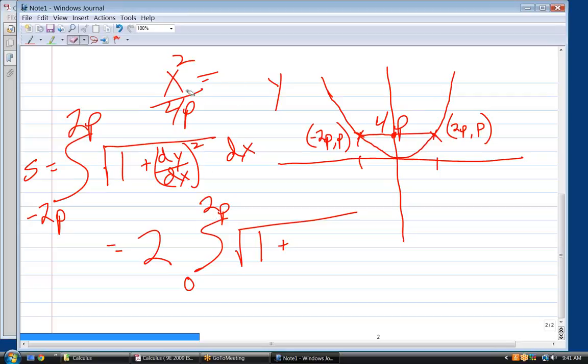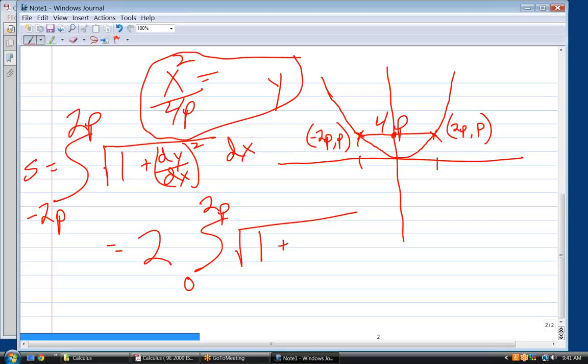So now we have to figure out what dy/dx is. If this is y, what's dy/dx? Y is x squared over 4p, and we're trying to find dy/dx.